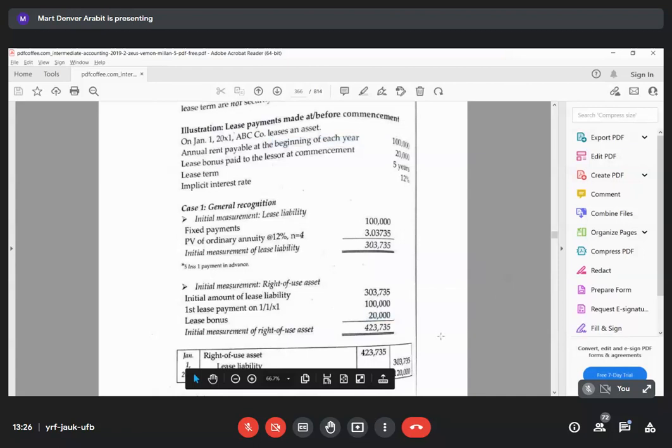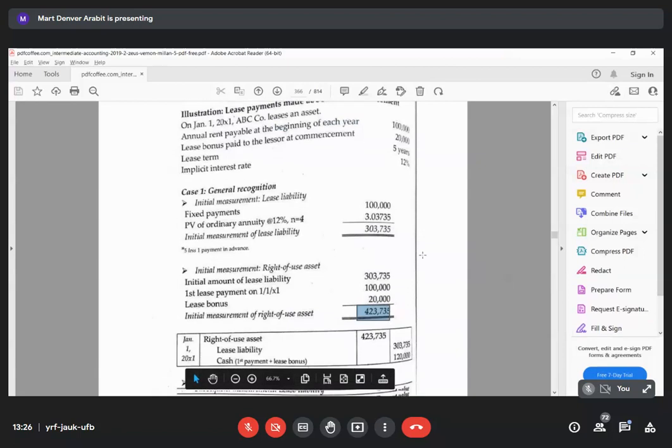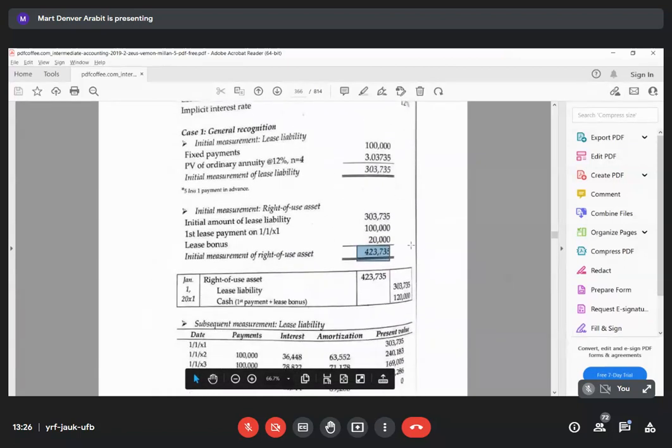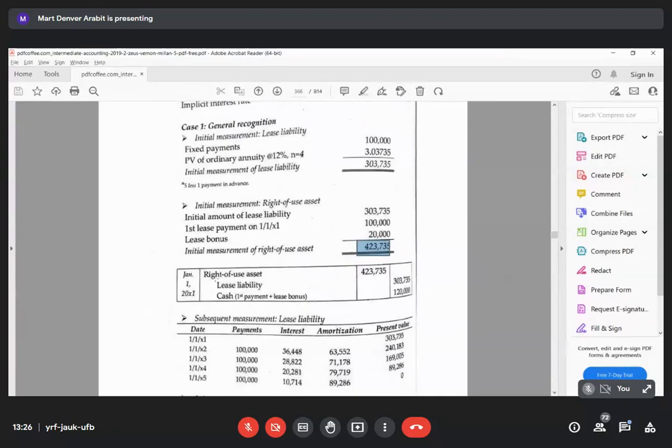So, this is the initial measurement of the right of use asset, which is yung 423,000. So, ROU 423, lease liability is 303, which is ito lang yung liability after the payment on January 1, 2021 of the first lease payment and the lease bonus. Okay.